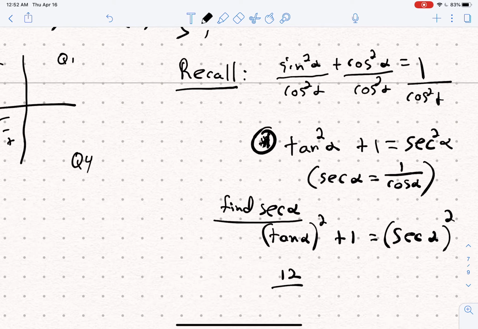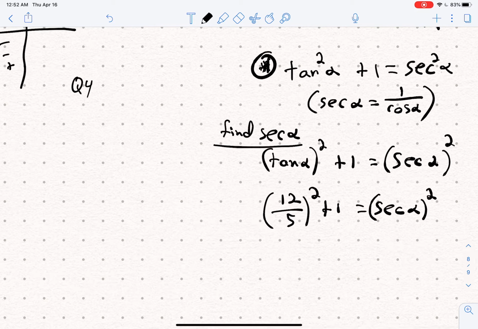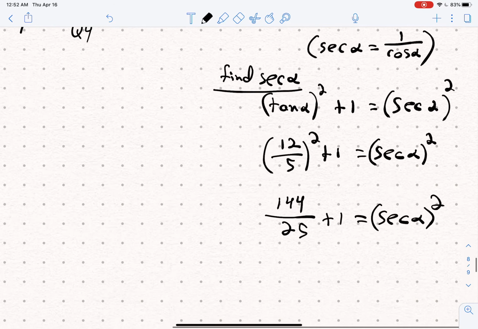So this is 12 over 5 squared plus 1 is equal to secant of alpha squared. 12 over 5 squared, well, we square the top and square the bottom. 12 squared is 144. 5 squared is 25. And then plus 1 is equal to secant of alpha squared.